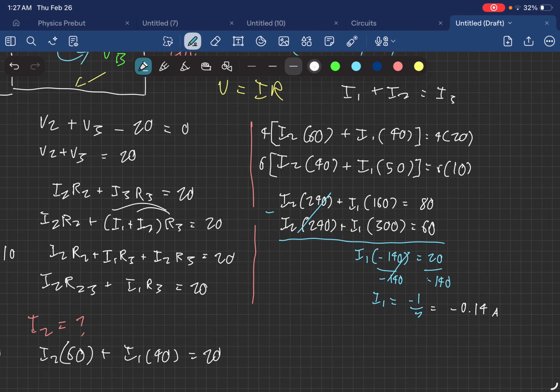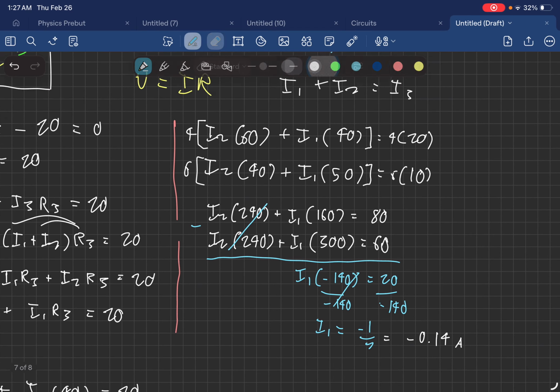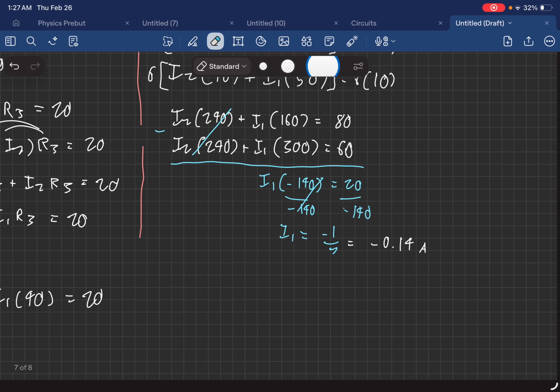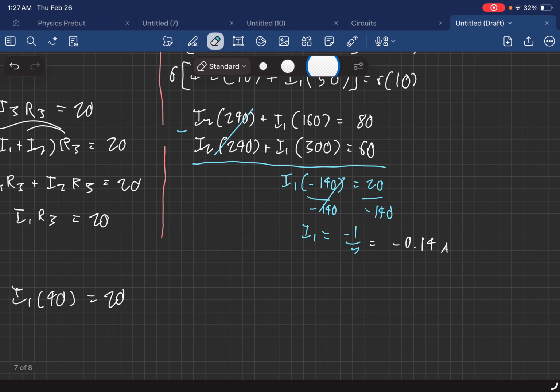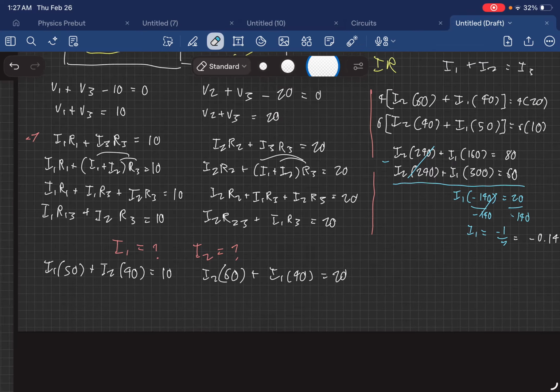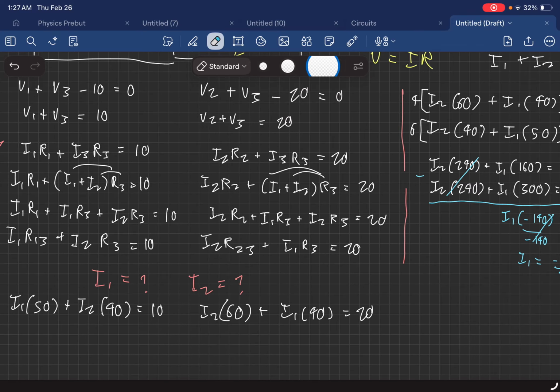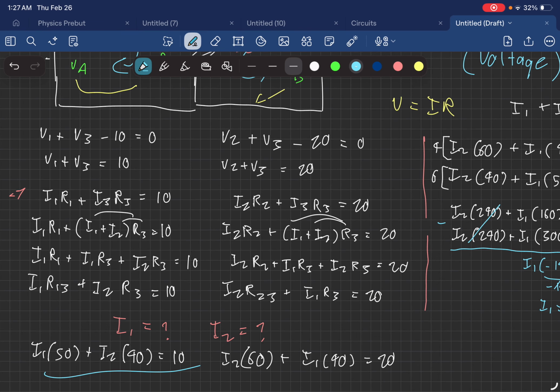So yeah, we have here our I1. Then, remember what I said? We just substitute it back. Remember when I told you, after you get the first variable, you substitute it back into an equation to get the second variable. Let's do the first equation.